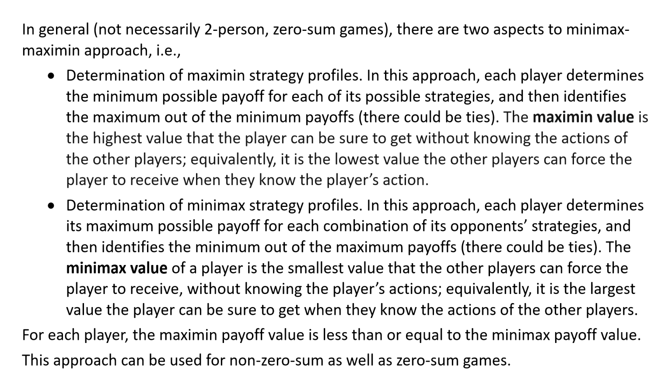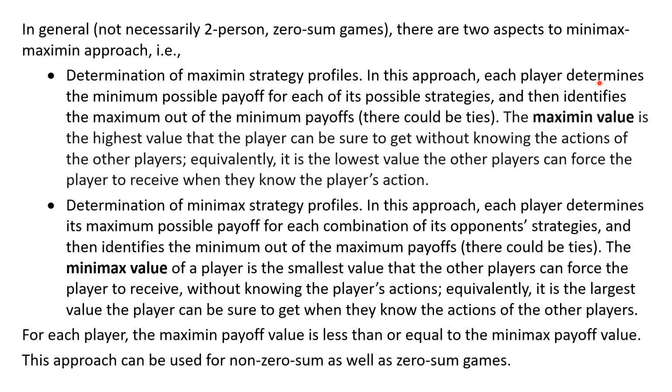On this slide, I'm going to talk about the algorithm or procedure for finding the minimax and maximin values, which I've highlighted here in bold. And they're complementary, although you're not going to come up with the same value typically. So determination of maximin strategy, we'll do that one first.